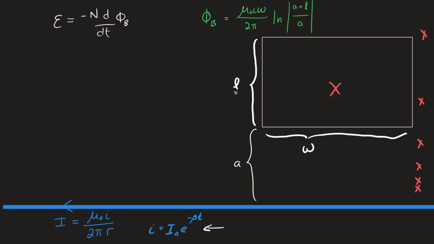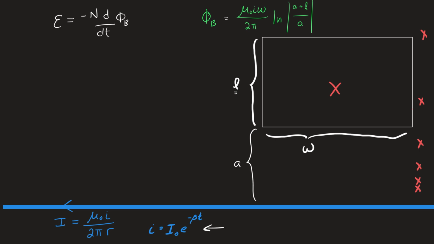Because the current is getting smaller, the direction of the EMF that's going to be produced in the loop has to be to generate a current that will try and maintain the state of the flux. It opposes a change in flux. So there needs to be a current created that is in the direction of the magnetic field because the magnetic field is going away.